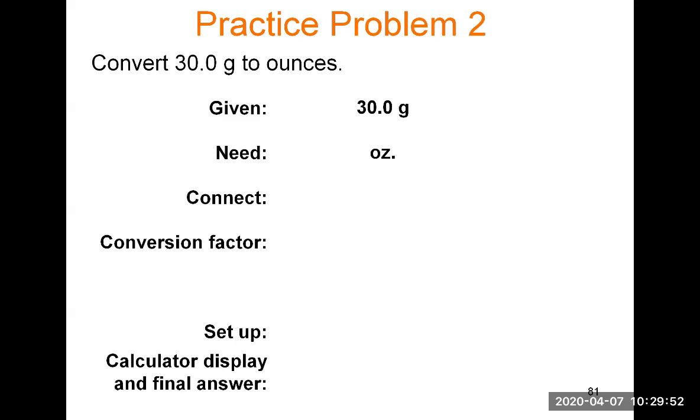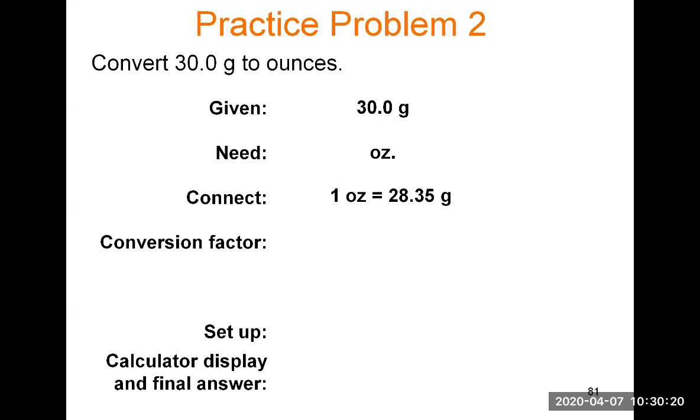So we will look for mass, and in the table you look at the rows of mass, and then you look for the column where you have metric to US conversions. Metric to US because grams are metric and ounces are English. And in there I can see 28.35 grams equals 1 ounce.